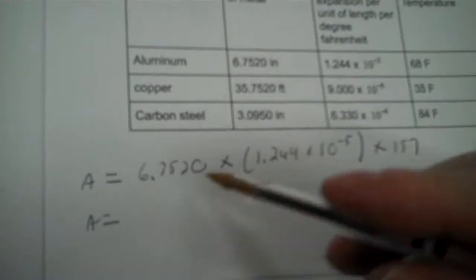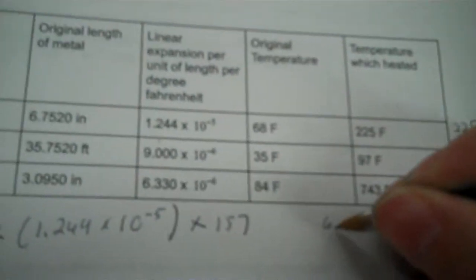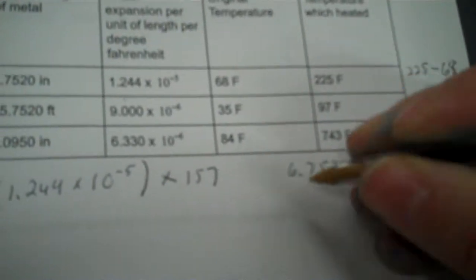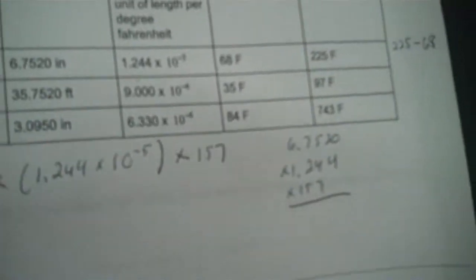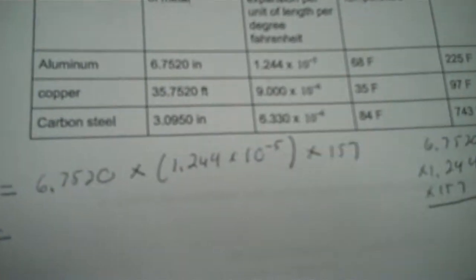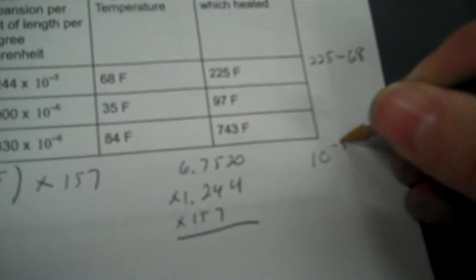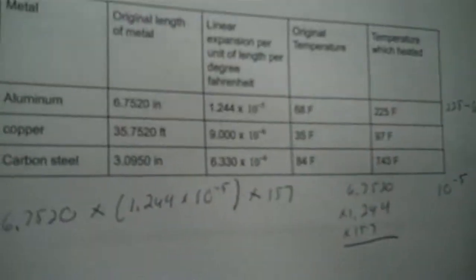So remember the simplifying, I first worry about my base numbers. I take 6.7520 times 1.244 times 157, and for the powers of 10, I just have the 10 to the negative fifth, so that'll be fine.